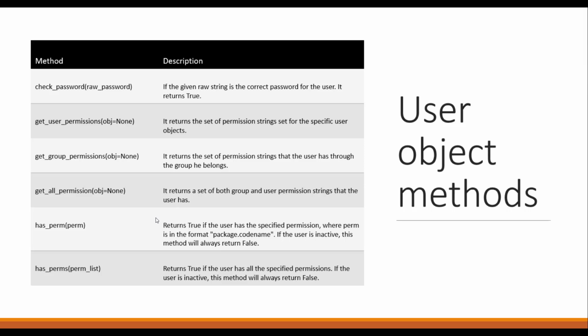So there is a difference of an s. Please note it down. If you want to know about a specified user permission, use the perm method without s, or if you want to know about all the specified permissions, or you can say about the list of permissions, then you have to use the perms method with the s.